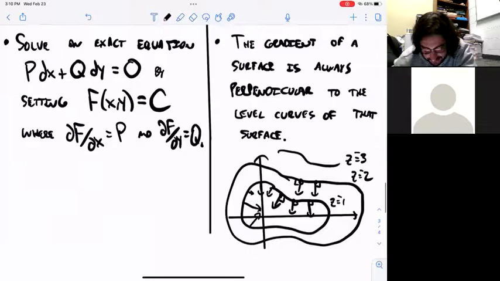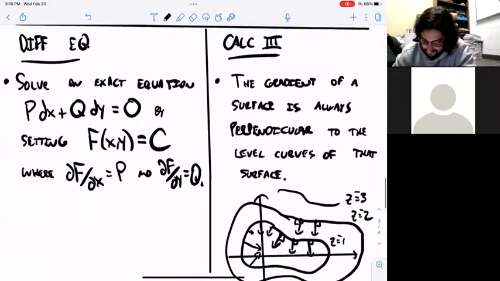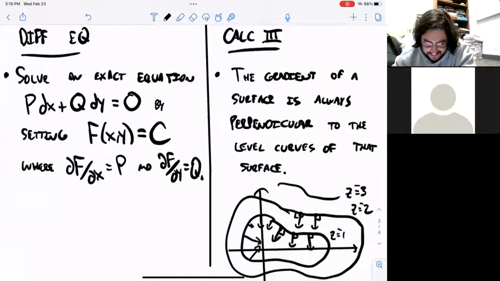So you need your level curves to be increasing in the direction that your gradient goes. So this is not apparent at first, right? Why the solutions to an exact equation being F of xy equals c is equivalent to this fact from Calc 3, that the gradient of the surface is always perpendicular to a level curve.